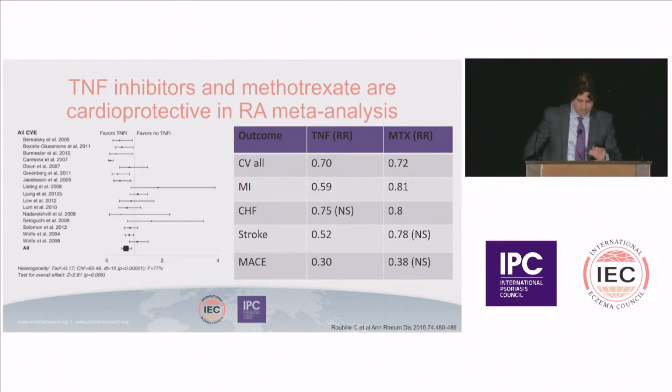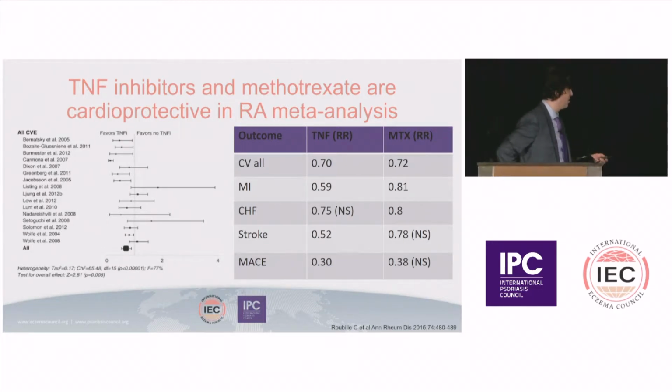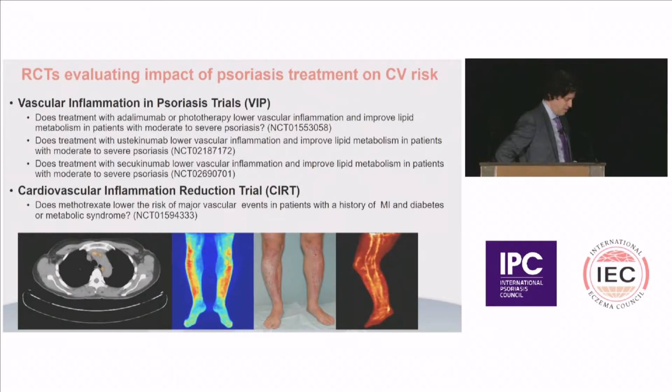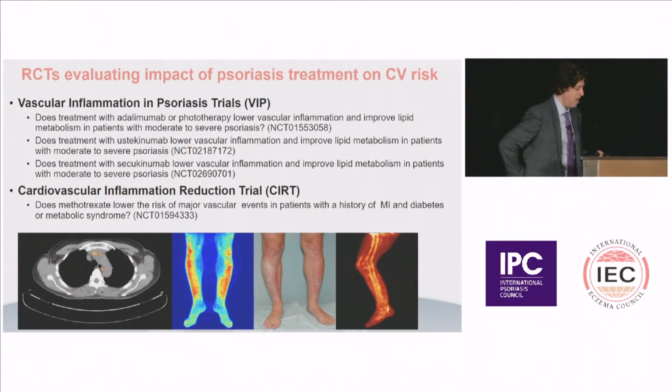Here, the most robust data, I believe, is in observational research, large cohort studies predominantly in people with rheumatoid arthritis, but also with psoriasis, showing fairly strong cardioprotective effects on MACE events in people getting TNF inhibitors compared to other strategies. Somewhat similar findings, though not as strong, are seen with methotrexate, but largely people do think that methotrexate is cardioprotective as well.